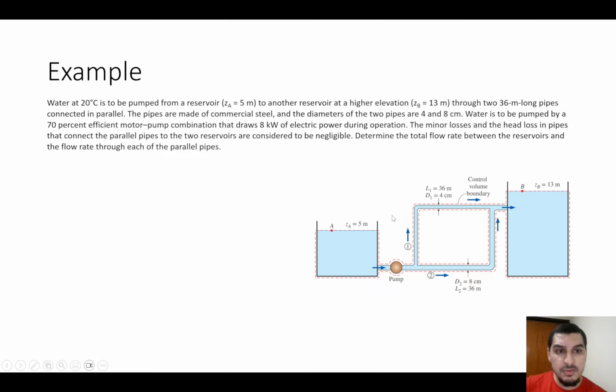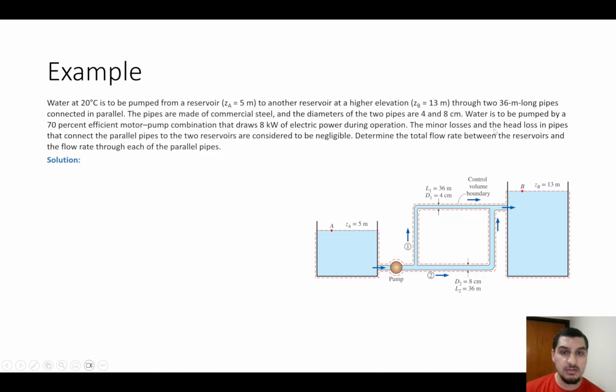The two pipes have the same length, which is 36 meters. The two pipes are made of commercial steel, and the diameters are 4 meters and 8 meters, and water is pumped by a 70% efficient motor pump. So this pump has an efficiency of 70%, and the electric power is 8 kilowatts.